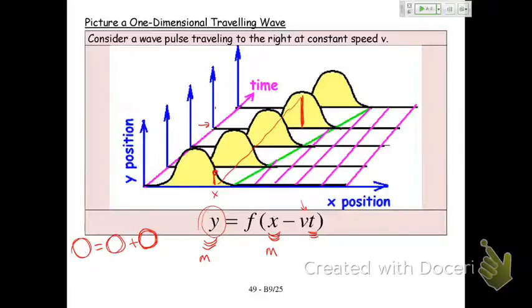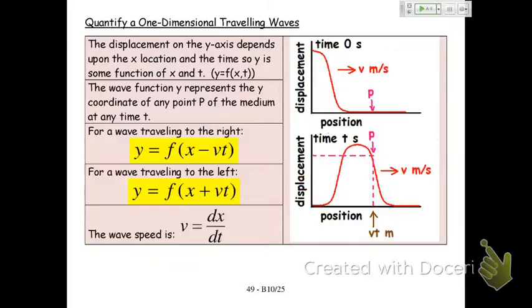Okay, so then I say, okay, well, let's play with this a bit. So I'm going to assume that at time equals 0, this is the shape I had. And then I'm picking this point here on the x-axis in both cases, but I'm picking a later time, time t equals t seconds. And what I say is the displacement on the y-axis depends upon the x location that I picked and also on the time that I picked.